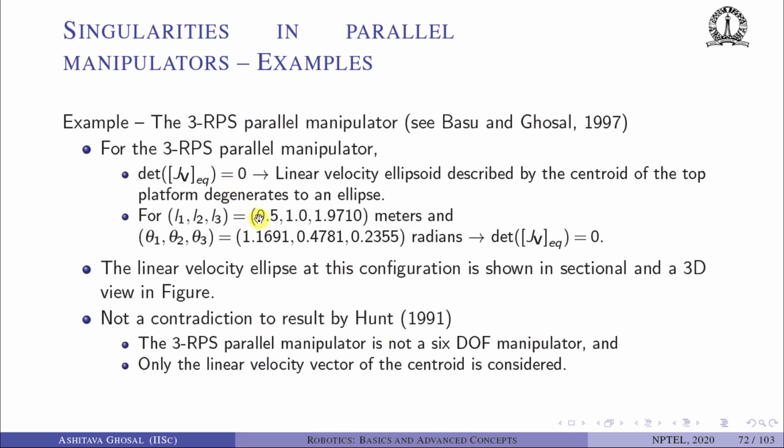This is a fully parallel manipulator, and according to Hunt, there should not be any loss of degrees of freedom. However, this is not a contradiction because this 3 RPS manipulator is not a 6 degree of freedom manipulator, and we are only interested in the linear velocity of the centroid. We are not considering both the linear and the angular velocity.